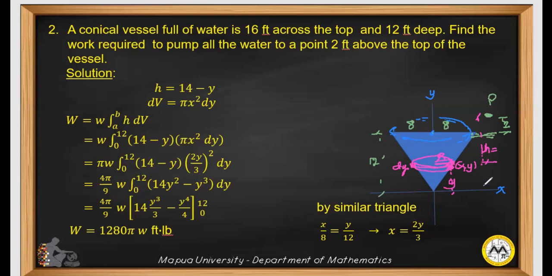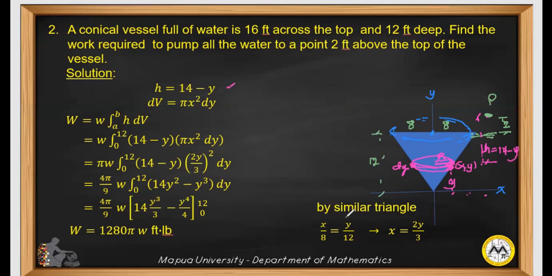Therefore, from the x-axis to point P is 14 feet. Hence, h is equal to 14 minus y. From point P to the x-axis is 14, and from the x-axis to the element is y. Therefore, h is equal to 14 minus y.